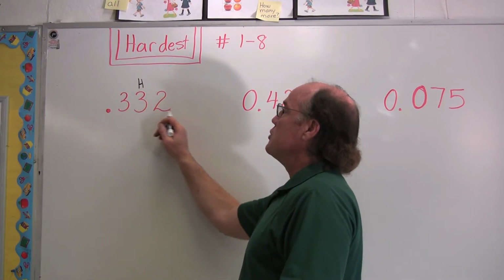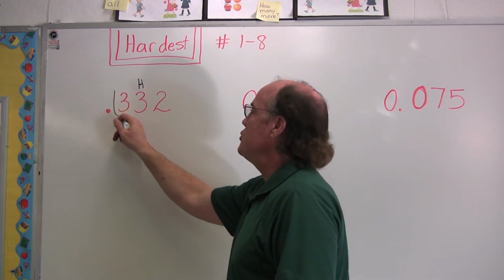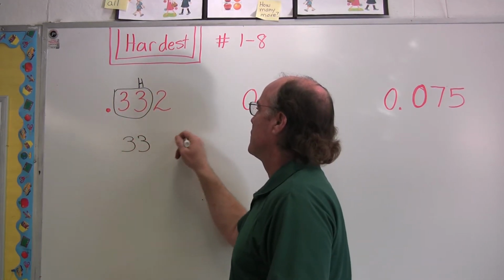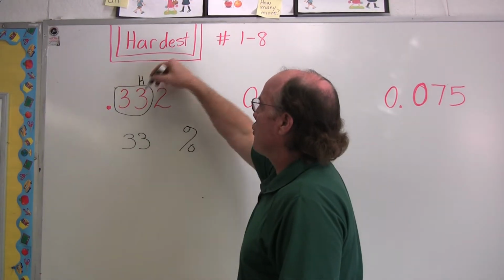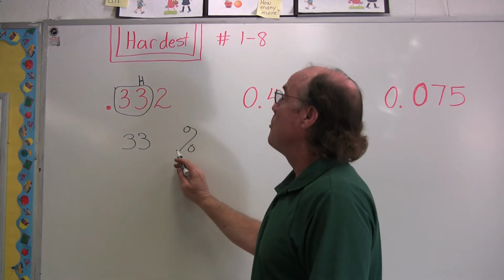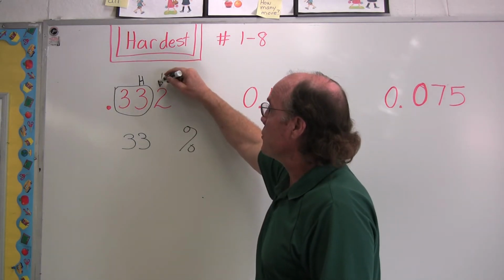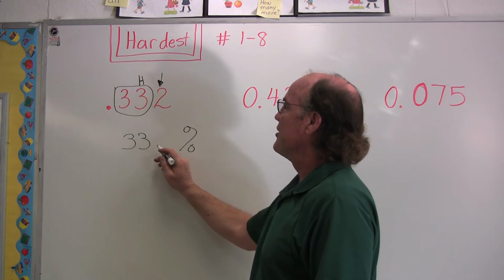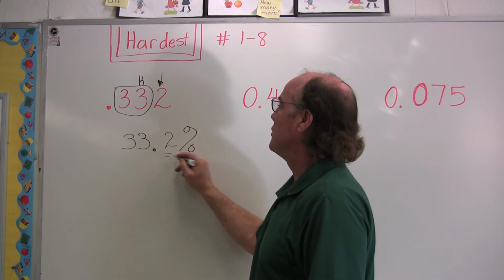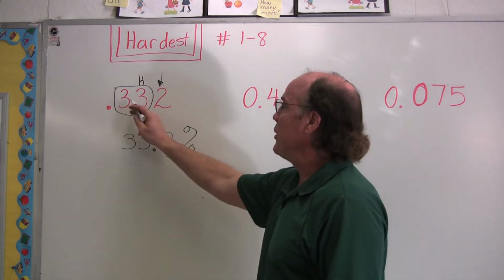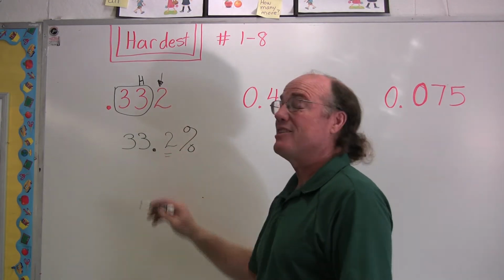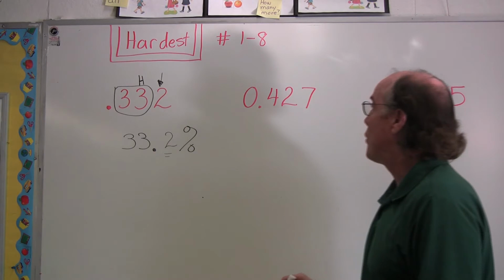Now if we can look at these multiple numbers here and just concentrate on those first 2 numbers, 33 hundredths is 33%, just like always, okay? But watch what we do to any numbers in the 3rd place. We're going to write decimal 2, okay? So 0.33, 33%. Whatever comes after that comes after the decimal when we convert, all right?